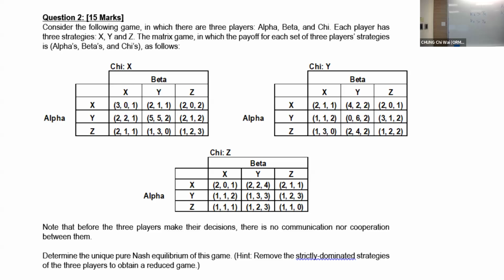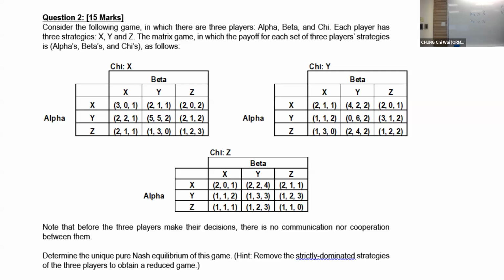So if pi chooses X, then alpha can choose X, Y, Z. Beta also can choose X, Y, Z. Here, if pi chooses Y, then alpha and beta can choose either X, Y, Z. And the third table, if pi chooses Z, then alpha and beta can choose X, Y, Z. Okay, I just increased the number of players.